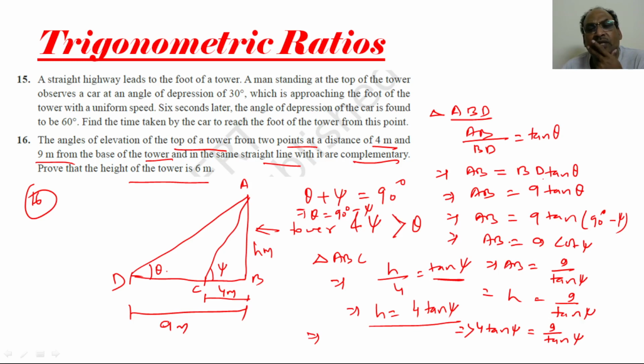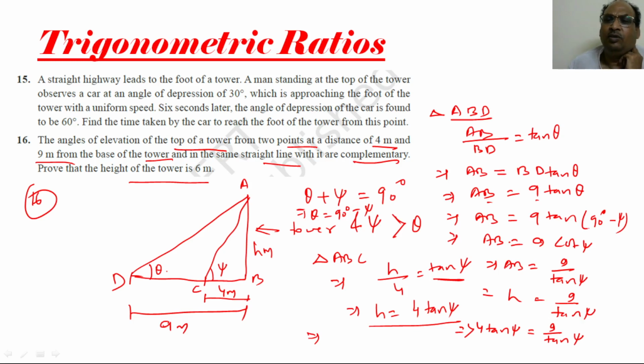So BD is total 9, and AB is equal to 9 tan theta. So theta is 90 minus psi, so it will become cot psi.